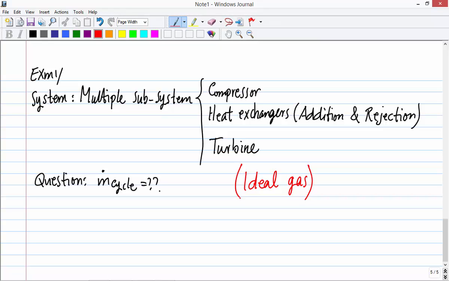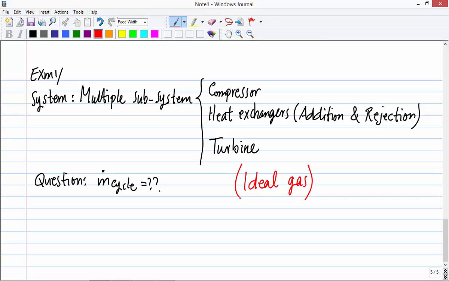If you go a little bit deep in detail about this question, the only thing beside pressure ratio, temperatures, and isentropic efficiencies, there is just one parameter given, which is the W dot out, how much power we get.